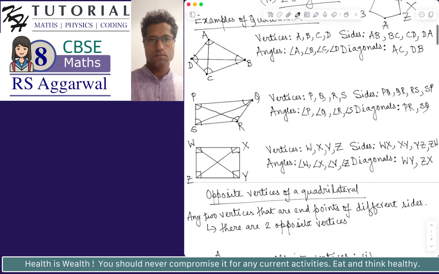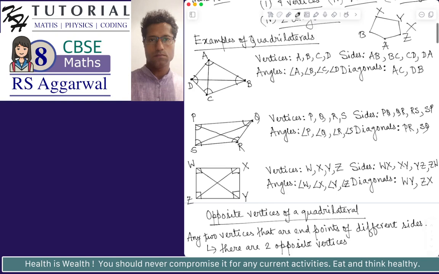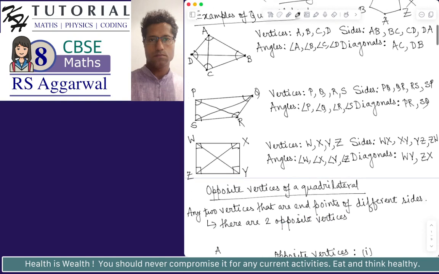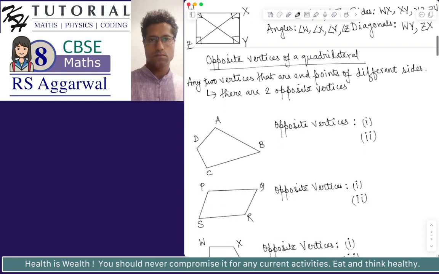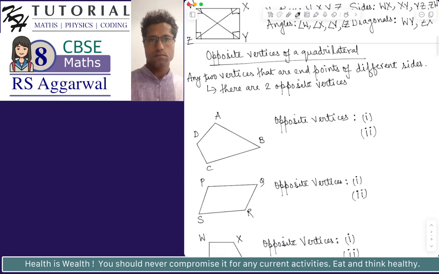Now let's discuss the angles, sides, diagonals and vertices in more detail. What are opposite vertices of a quadrilateral? The definition says that they are any two vertices that are endpoints of different sides.